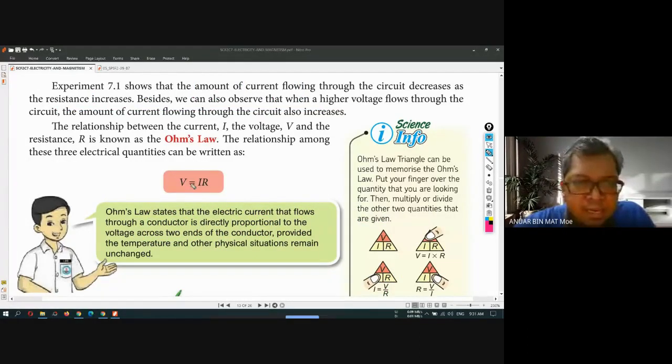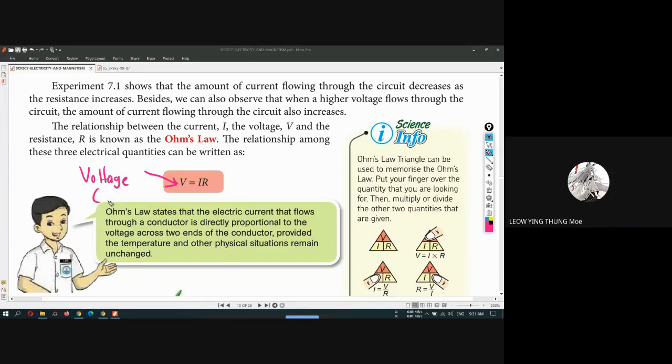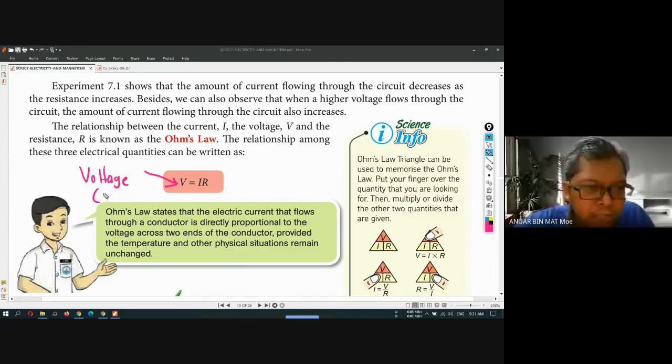I here is current. V is voltage. What is the unit of voltage, class? What is the symbol? Capital letter V. Yes, very good. How about I?